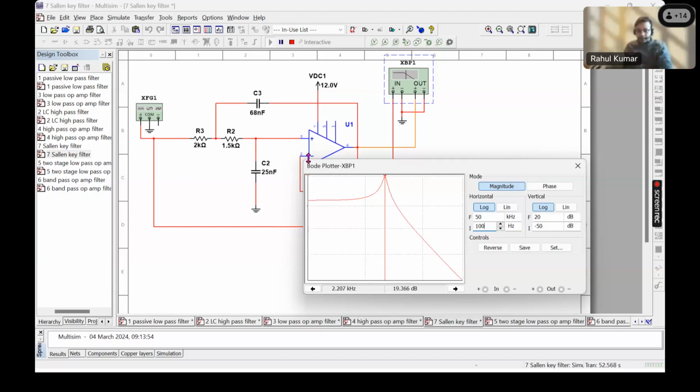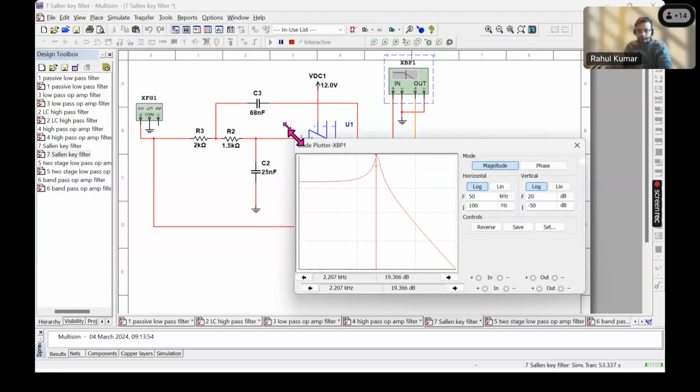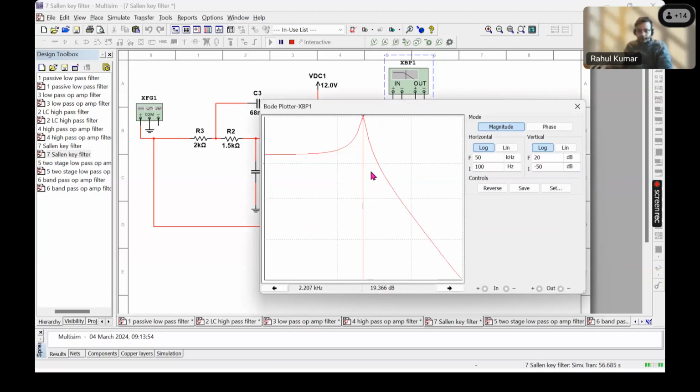So let's check the slope. Let's choose a start frequency, maybe a little further down. Let's choose 6, that's around 5.9 or 6 kilohertz, and the gain is around minus 12.